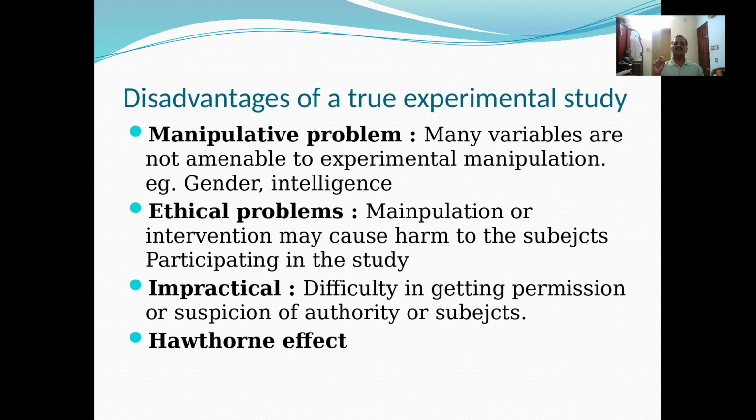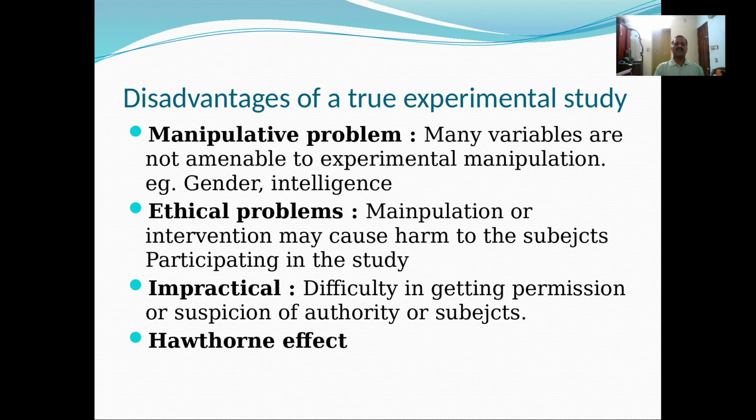The third thing is impracticability. We may not get permission from authorities, mainly because of suspicion or some other reason; they may feel that it is not nice to give permission.